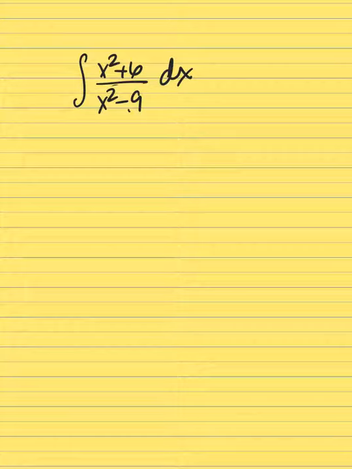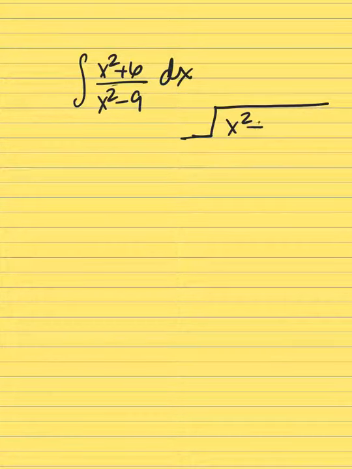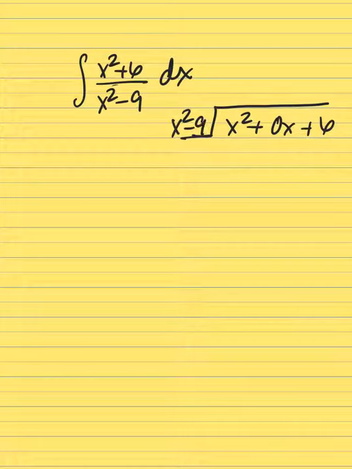So if they're the same or the degree in the numerator is bigger, first thing you have to do is long division. That's why we went over long division yesterday. So I've got x squared plus, I'm going to put 0 x's plus 6, that's a spot there, divided by x squared minus 9. All right, x squared goes into x squared. How many times am I going to multiply x squared by x squared? Well, that's just once.